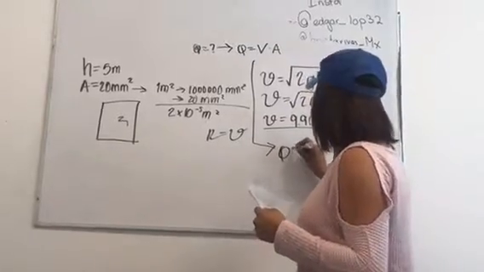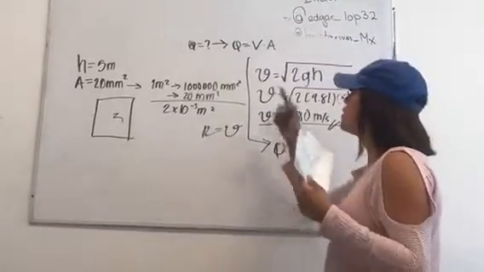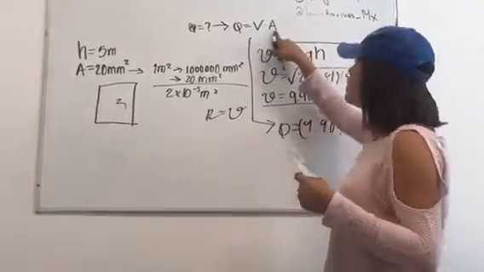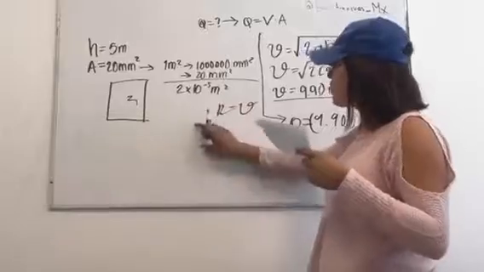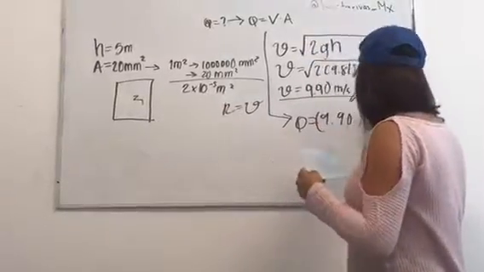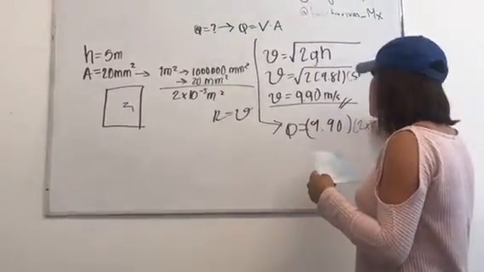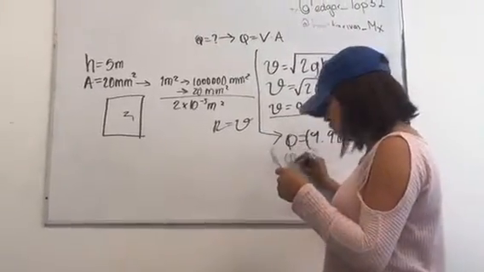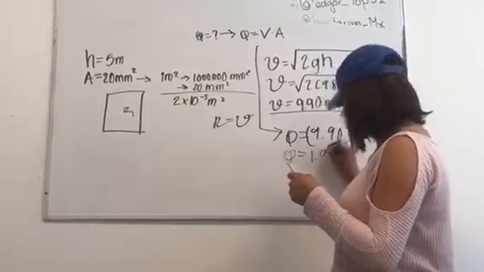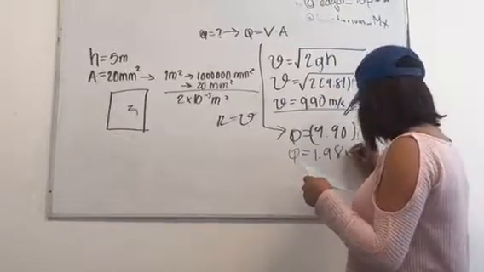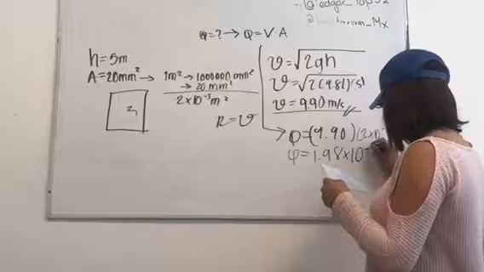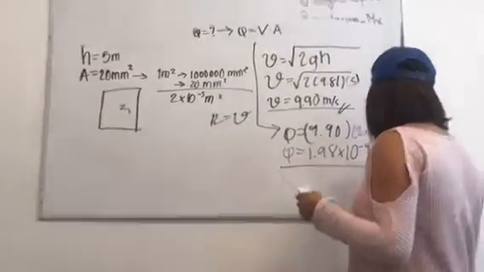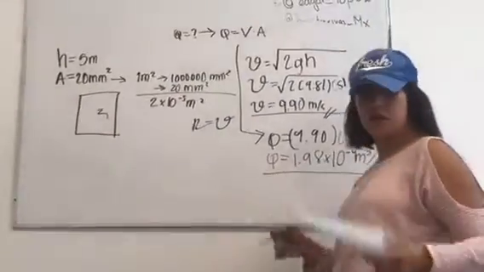So Q, or flow rate, is the same as velocity, 9.90, times area, that is 2 times 10 to the minus 5. So Q is going to be 1.98 times 10 to the minus 4 meters cubed per second. And that's the result.